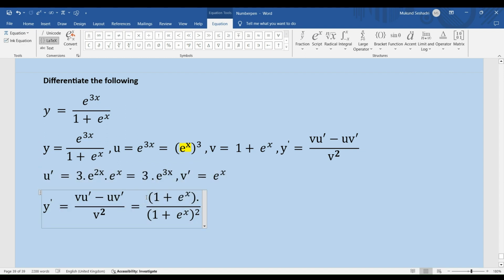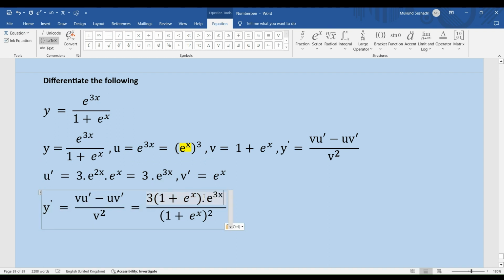So I have 3 times e to the power 3x. And then I have my uv dashed. My u is e to the power 3x. And then my v dashed is e to the power x, right?